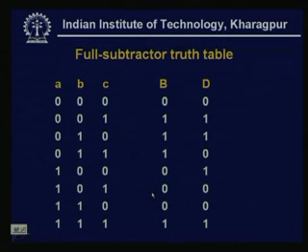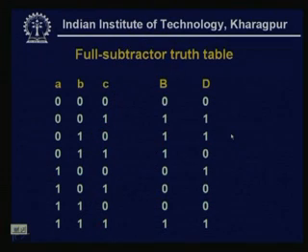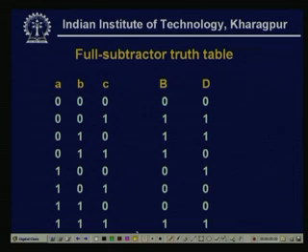Now, about the input output relationship, here also there are 2 outputs, one is the borrow output and one is the difference. As the borrow is considered, this carry should actually be my borrow B, and since A, B are the 2 operands we have taken, we have written as if this C is my borrow.